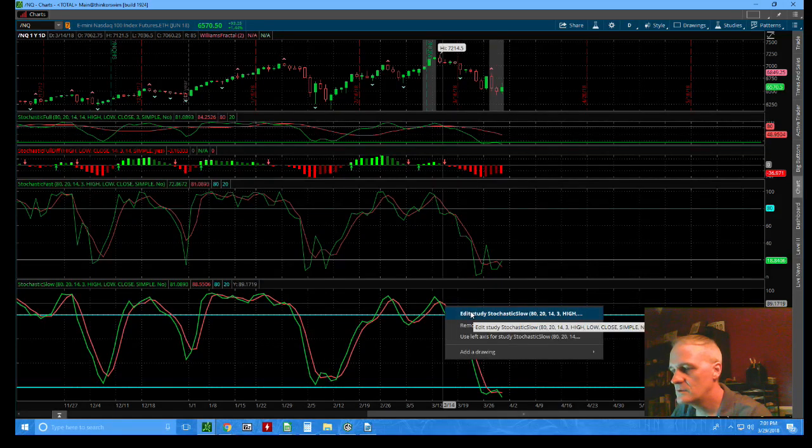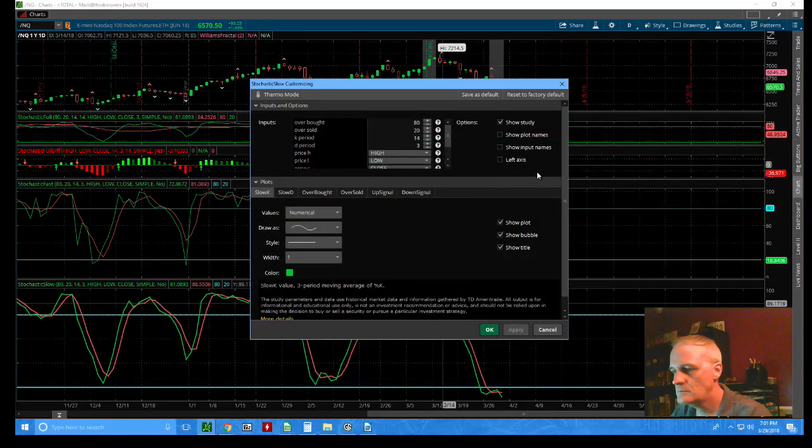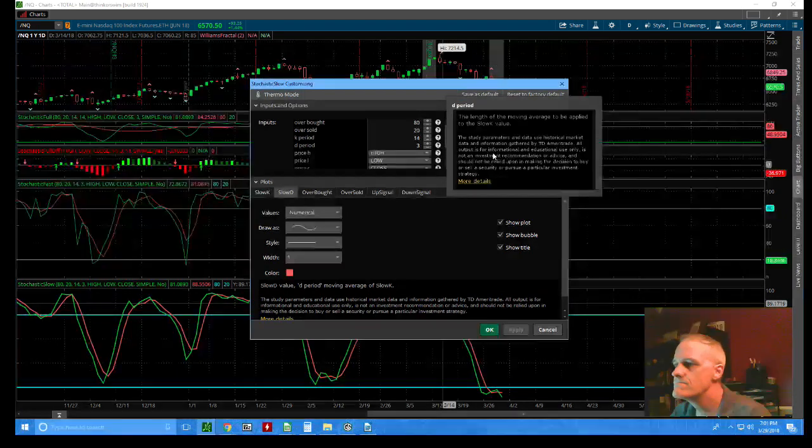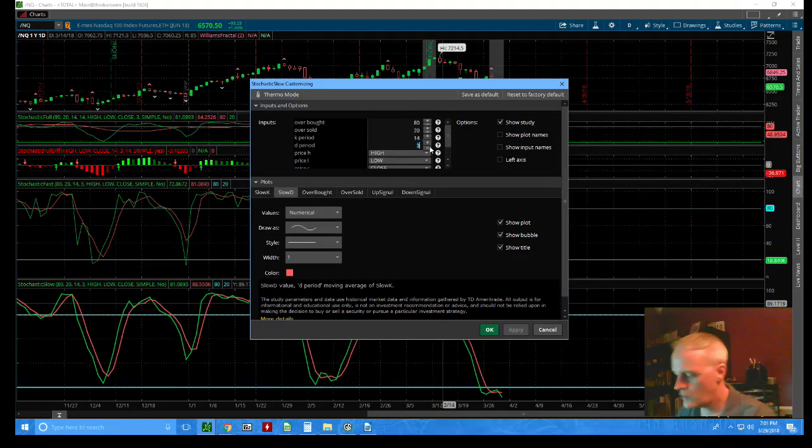The default on your slow stochastic is 14. You can use 10 if you want.